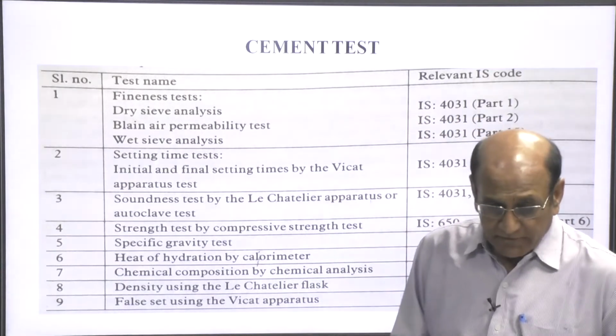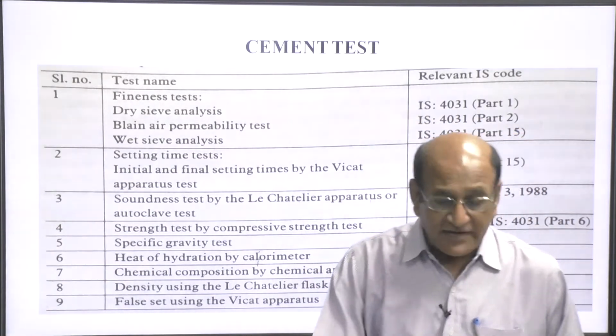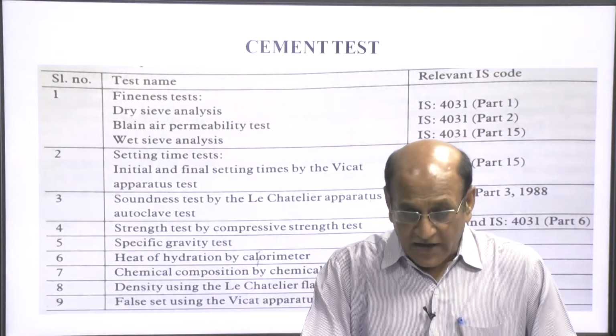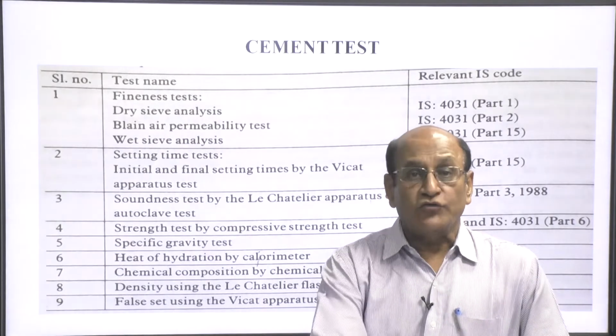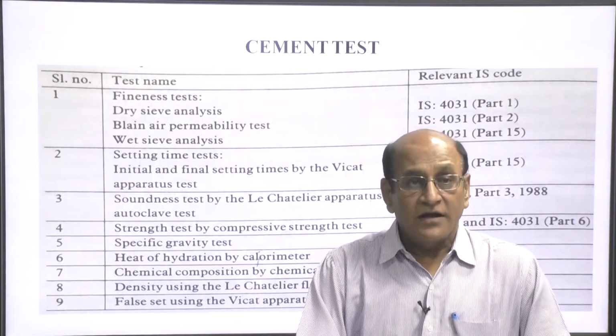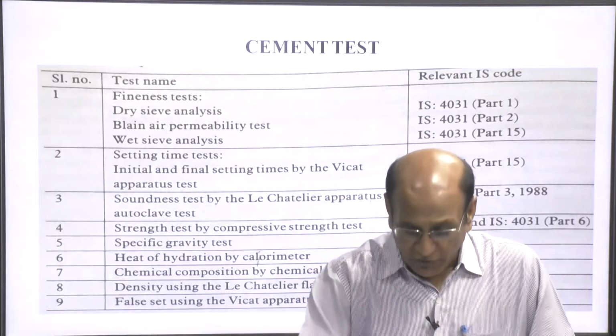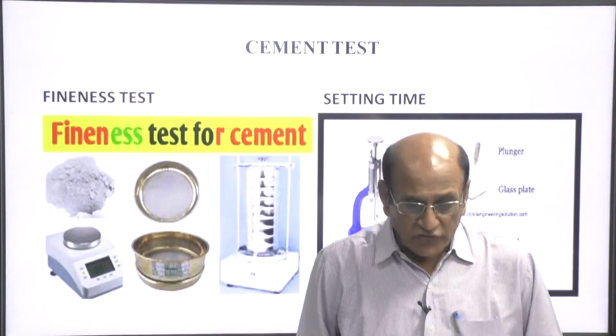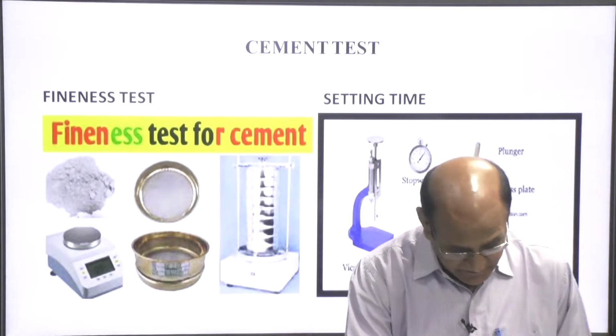So, we will discuss here the different tests, and the relevant IS code is also given here. We will discuss the main tests which are carried out. So, this is the fineness test.